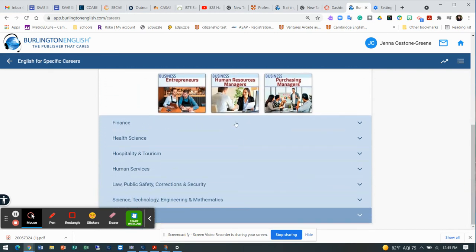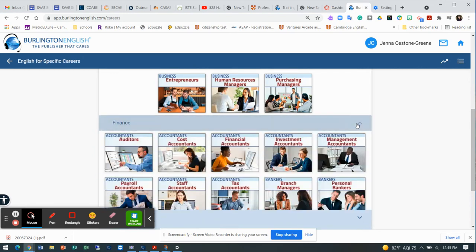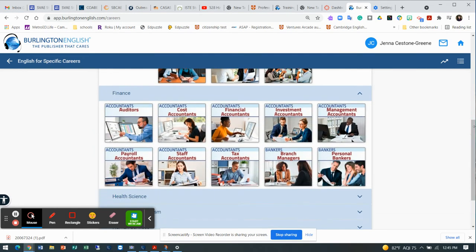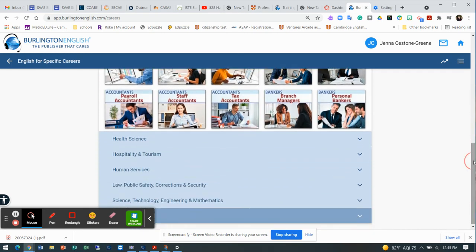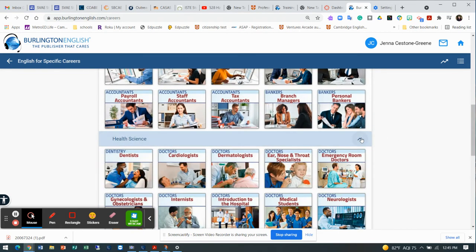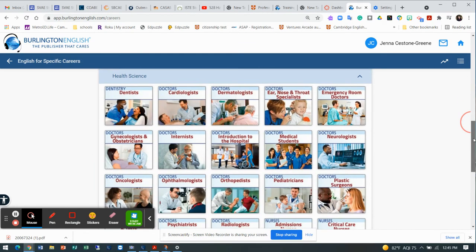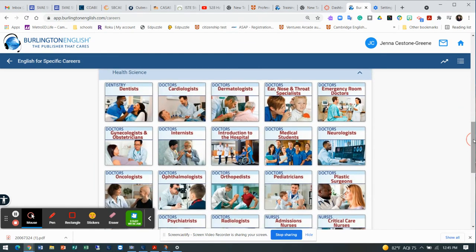If you're getting a job in finance, no matter what that job is, here's a bunch of other jobs that have to do with finance, money, personal bankers, understanding the vocabulary of these jobs. It's very detailed. It's very interesting. Health science, again, this ties in with our other nursing, and it's even more detailed.